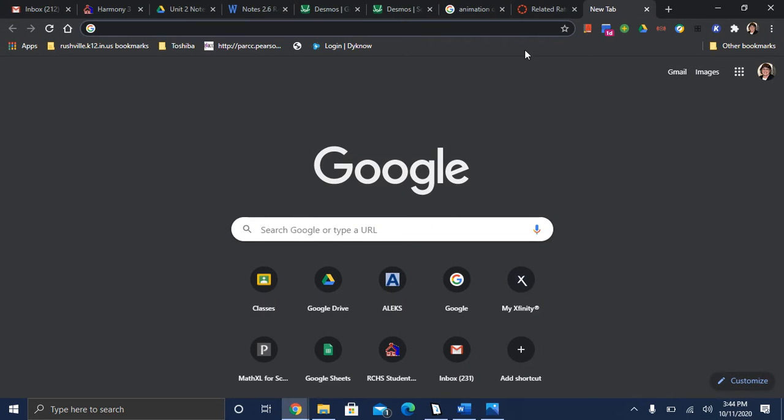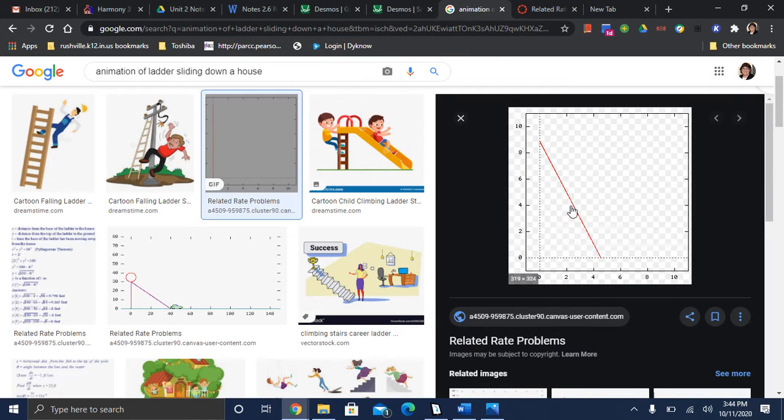So I have an animation showing you here. The ladder is starting up here on the wall, and it's sliding down the wall, and the bottom of the ladder then is getting further away from the wall. So we're going to look at knowing this rate of change.